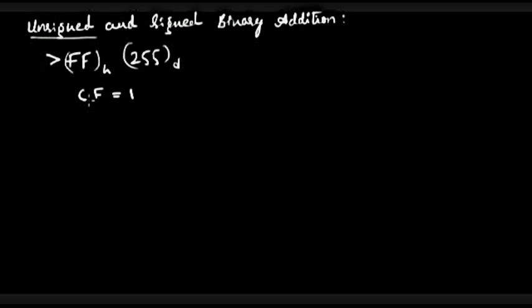So, just by checking carry flag, we can conclude the result is greater than 255 or not. If carry flag is set to 1, then we can say that the result is greater than FF.